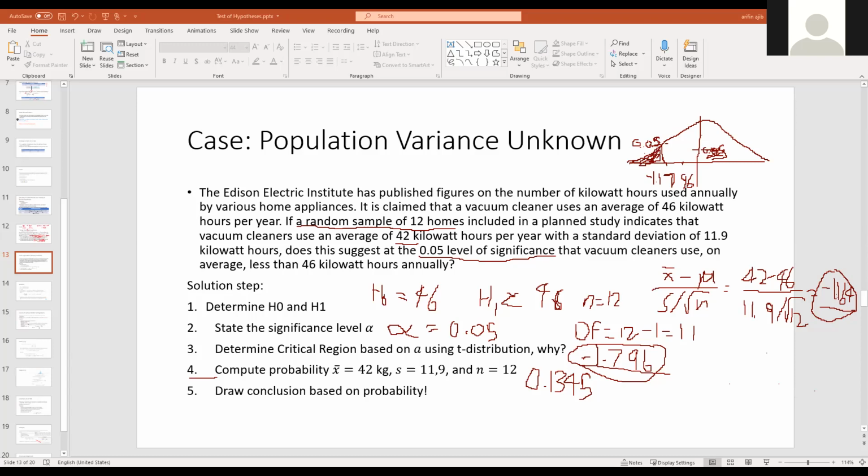Something like that. Maybe I should draw it better. So the location is minus 1.16. Minus 1.16 is here. Okay.